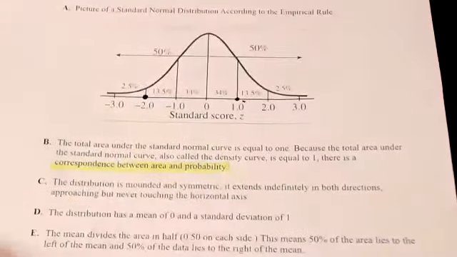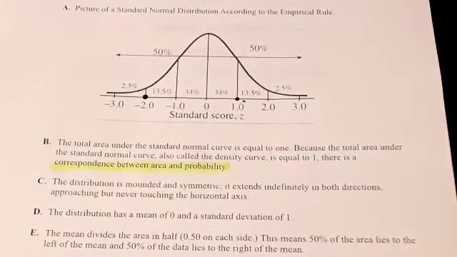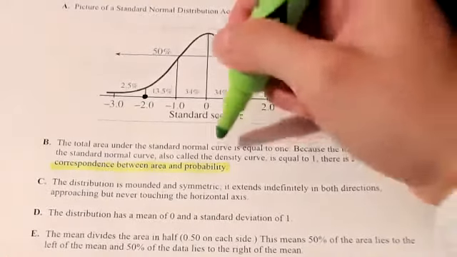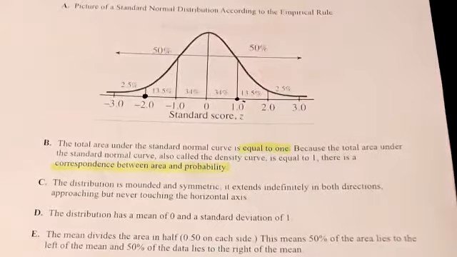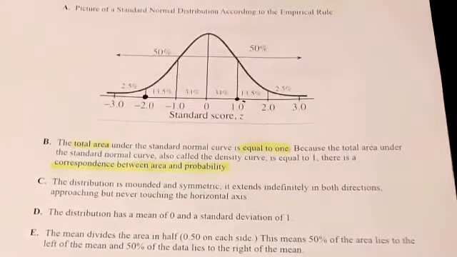When we talk about the area under the curve, that's the same as talking about the likelihood. And we know the likelihood of any event, if we think about all of those outcomes for that event, then the total probability is 1, right? We know this, we've seen this many, many times, especially when we were talking about probability.